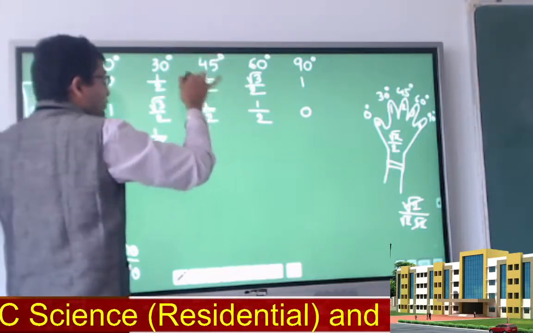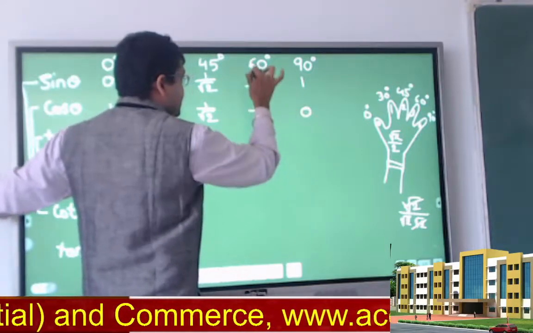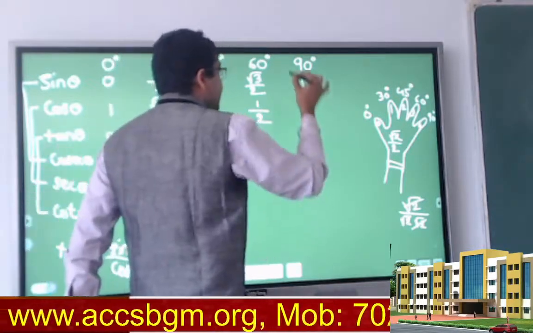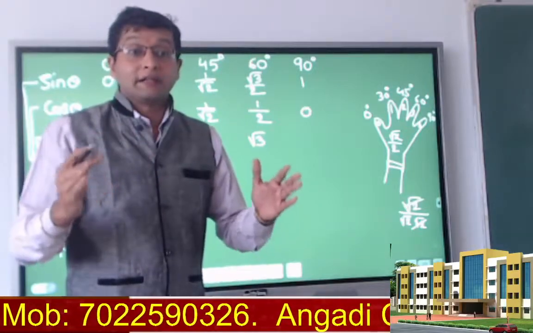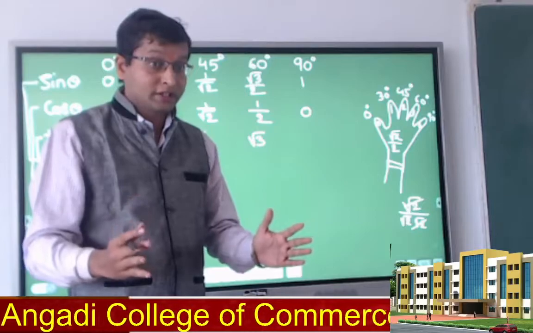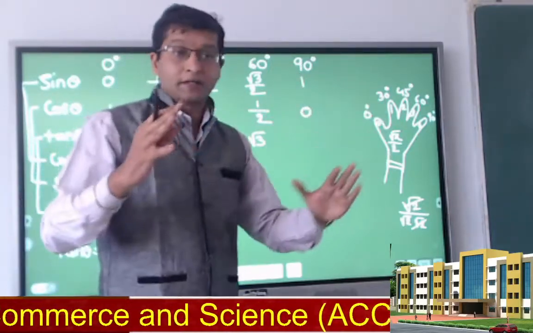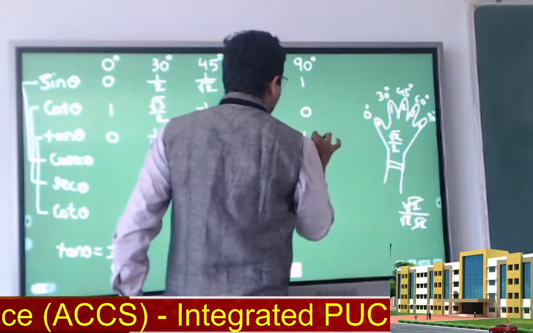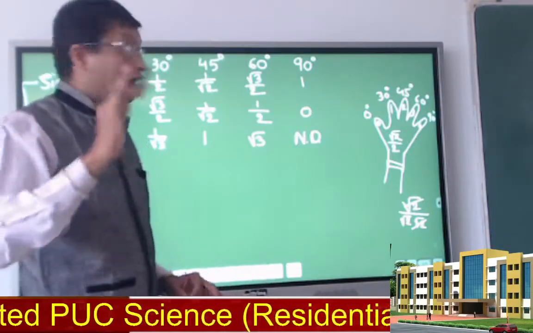Then 1 by root 2 divided by 1 by root 2 cancels, we get 1. The 2 cancels, we get root 3 by 1, or else root 3. And the next, any number divided by 0 is not defined. Remember this is a new terminology that you are studying. Any number divided by 0 is not defined, so I write it in short form as ND, not defined.